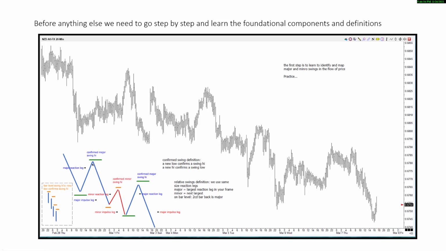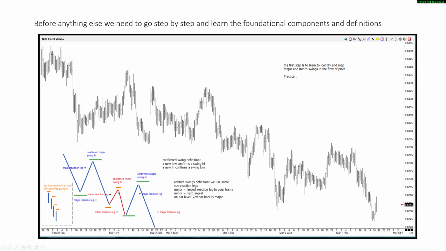Just look for the biggest. And then the next biggest is the minor. And these are all just definitions. You can take this market and see if you can do it in your mind and find the major and the minor. So these are pretty objective.